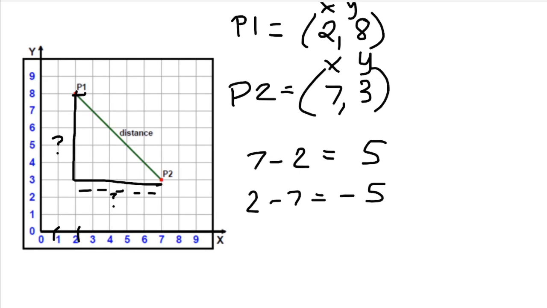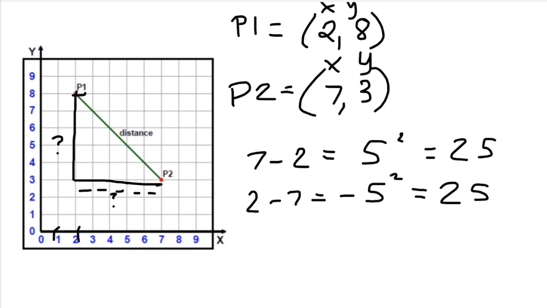And the reason for that is it really won't matter, because if you think about your Pythagorean theorem, remember we take that horizontal distance, that's a leg, we take that leg and we square it. And when we square a positive number, the answer is positive. When we square a negative number, the answer is also positive. So this would be 5 squared when we plug it into the Pythagorean theorem, which would give us 25 no matter if it's positive or negative.